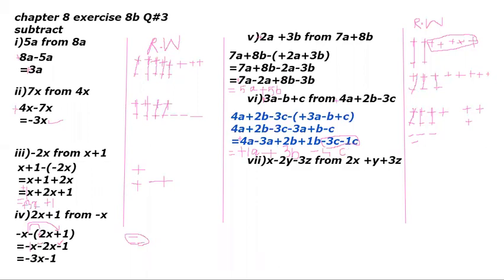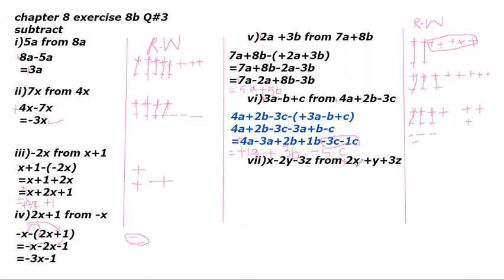Now the last question is 2x minus 2y minus 3z, subtract this from 2x plus y plus 3z. There are things you should keep in your mind. First, this 2x is not only 2x, it is a positive 2x, right?